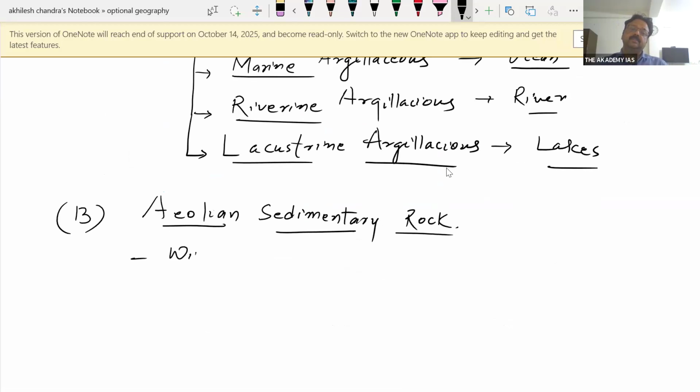Who is the transporting agent? It is wind. Wind is the transporting agent, and the best example is loess formation.